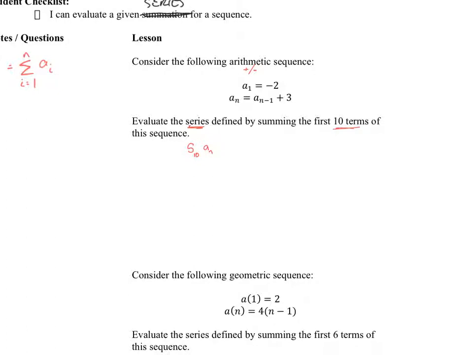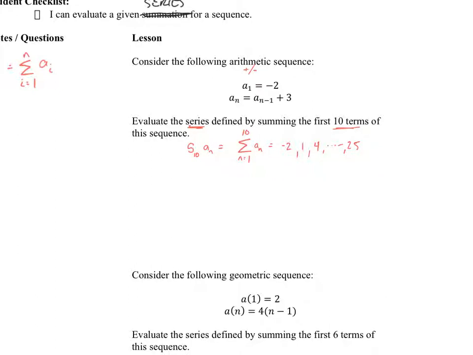And in order to do that, I'm going to have to sum terms 1 through 10 of a of n. That's what that means to do. So S sub 10 just means the series from 1 to 10 of that function right there. What that's going to look like is we're going to start off, it looks like, with negative 2 as our first term, and our second term would be 1, and then we would have a 4, and we would continue on like this, and eventually we would get up to the number 25.